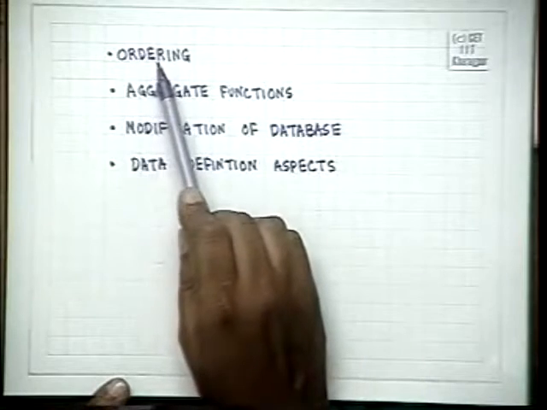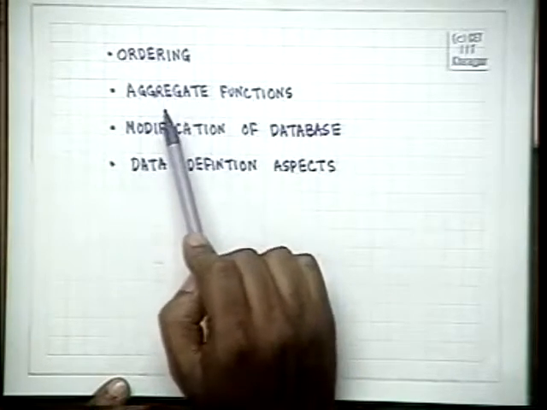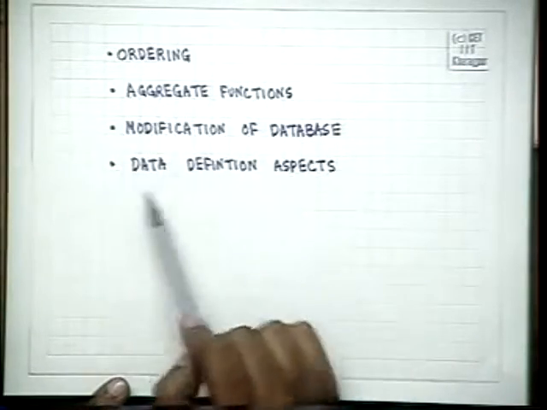So, we will first see the ordering and the aggregate functions, and after we complete seeing the ordering and the aggregate functions, then we will see these two.